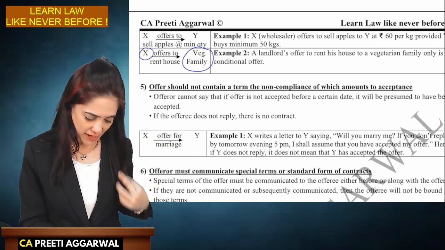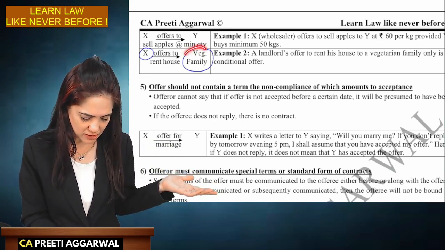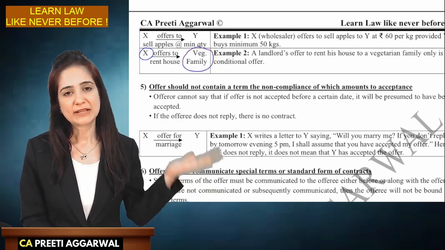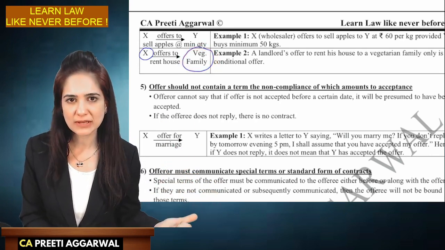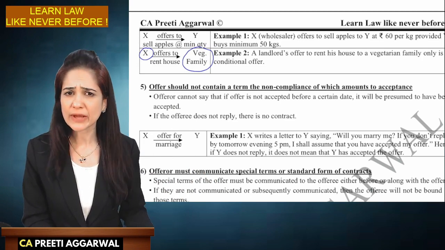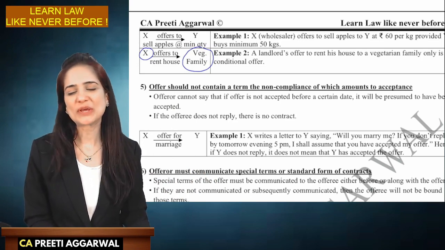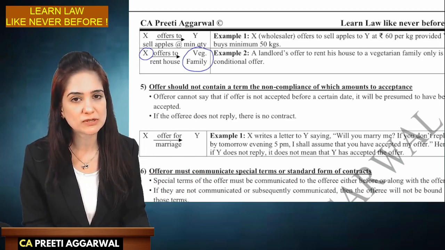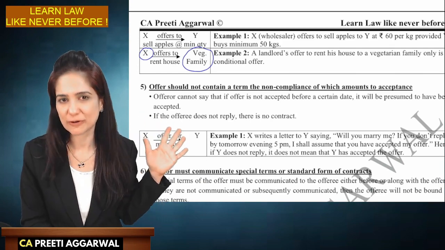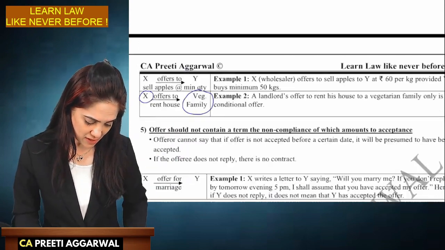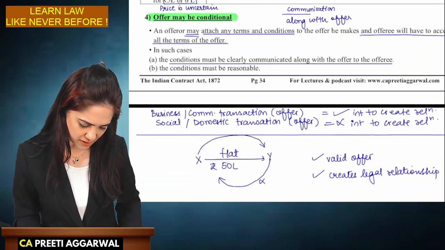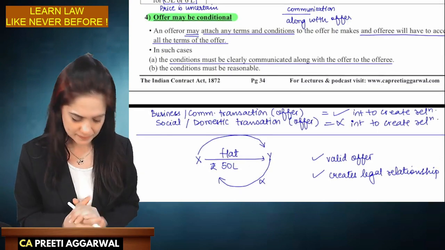What if X did not communicate the terms and conditions, and the family who took the house on rent started cooking non-veg? Now, can X object? No, he will not be able to, because he did not communicate those terms and conditions along with the offer. So yes, we need to communicate the terms and conditions along with the offer.